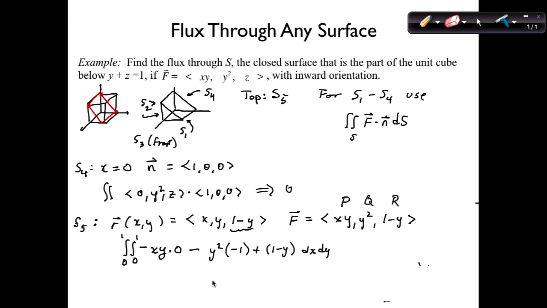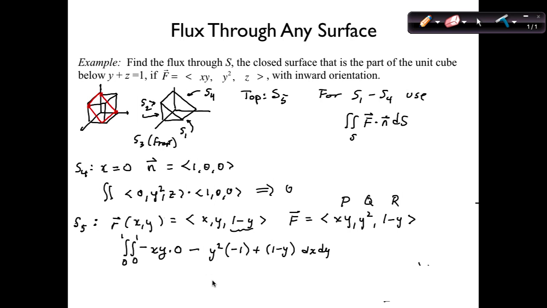But we have to consider something here. Is this going to be outward or inward orientation? Remember what happened when we did Rx cross Ry? What was our Z component? 1, right? Which means the way we have it is Z positive, and that would be inward or outward?